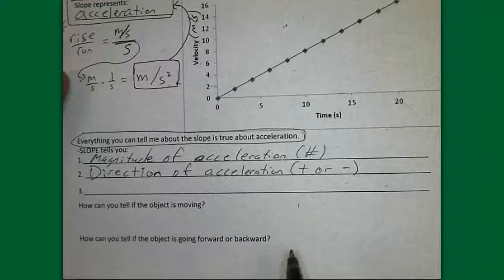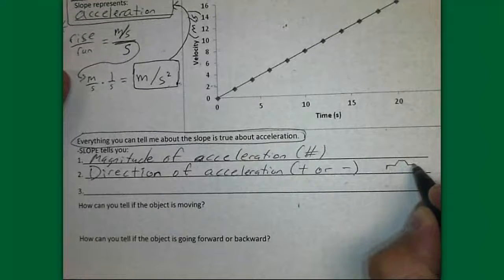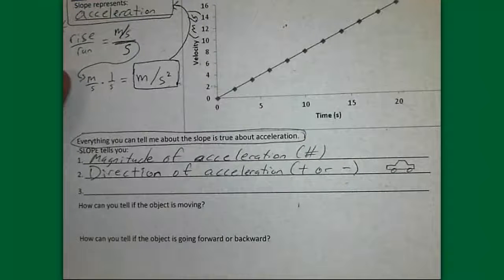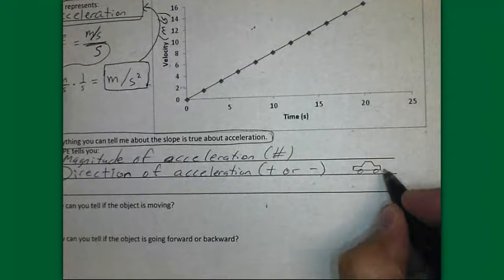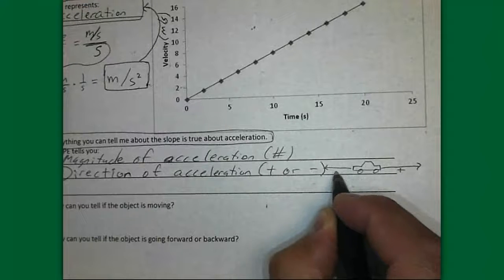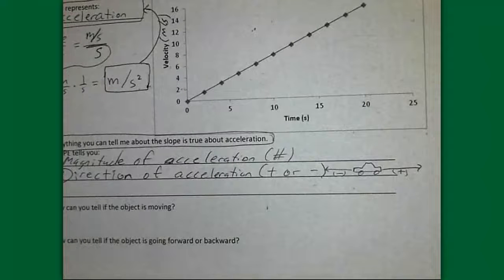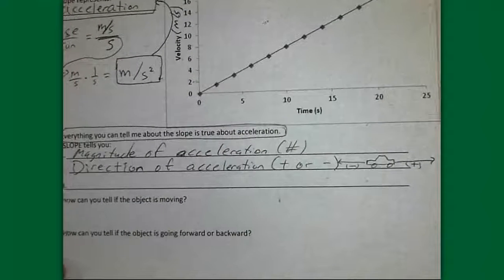Okay, and remember that the direction of the acceleration will refer to, remember we had our little car, and it depends on whether our rope attached to that car is pulling in a positive direction or the rope is pulling in a negative direction. Okay, that's the direction of the acceleration, what direction the rope is pulling.